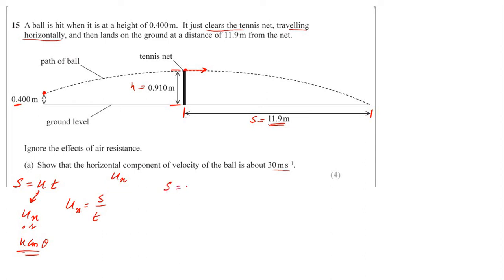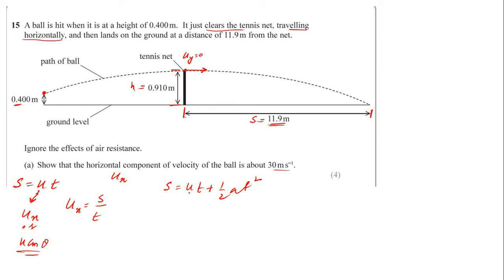s is equal to ut plus half at square. Remember, we are dealing with the vertical motion, and vertical motion is accelerated motion, so we use the SUVAT equation. But remember, at the top the ball is moving only horizontally, there's no vertical motion at that point. So the initial vertical velocity uy at that point is 0.